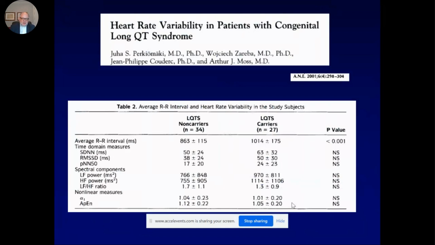We had the pleasure to have Dr. Juha Perkiömäki for 2 years in Rochester some years ago, and he was interested in heart rate variability. We looked at some Holters we had at the time, 27 carriers and 34 non-carriers, and as you see from that work, there was no significant difference in HRV parameters, including some nonlinear ones, which are shown at the bottom.